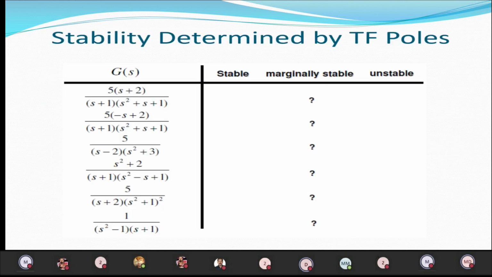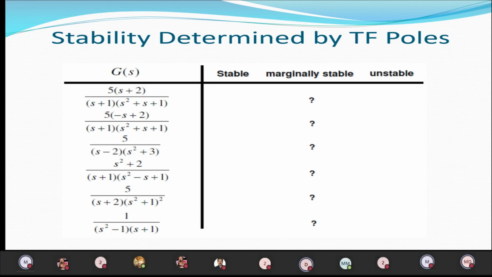Now we can see various transfer functions, which also help determine the stability of the system. We are going to say whether each system is stable, marginally stable, or unstable. In the first case, we have a pole at s equal to -1, so it is located in the left half of the S plane.